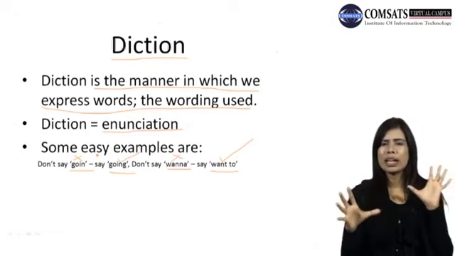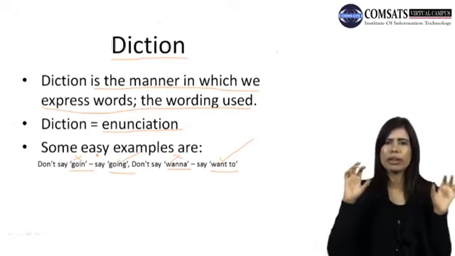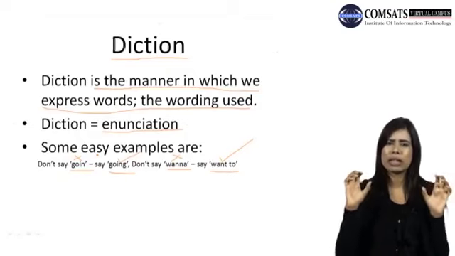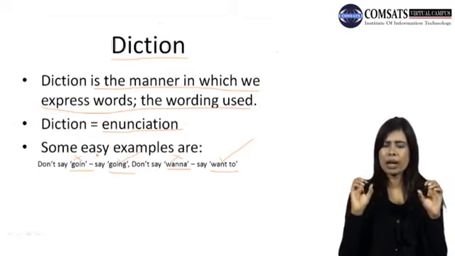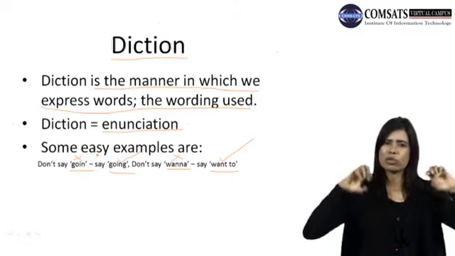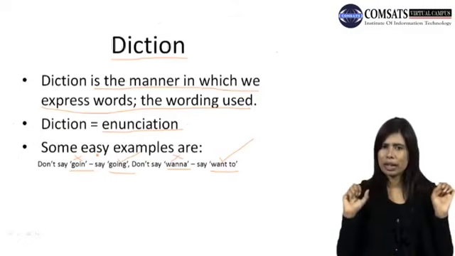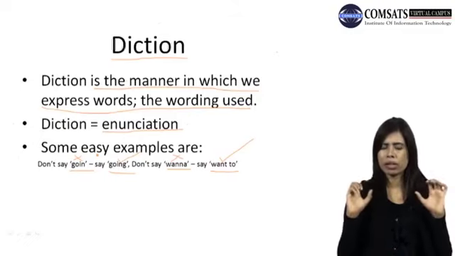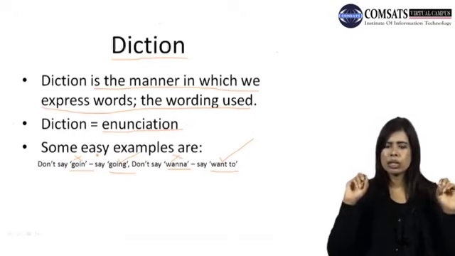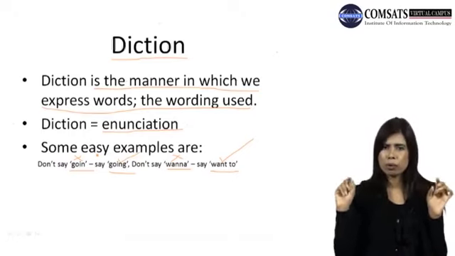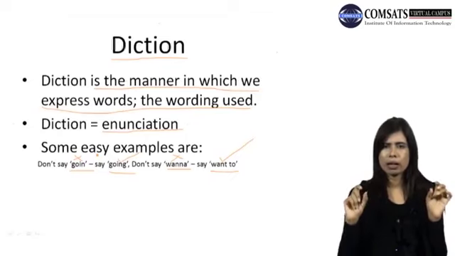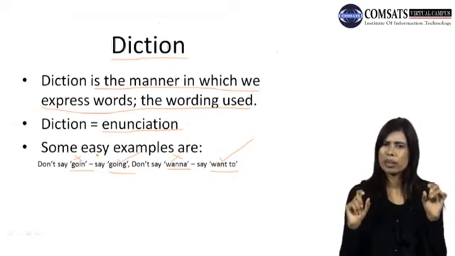So while writing any kind of work, you just have to avoid these kinds of casual expressions. Why? Because you have to use standard language while writing or producing anything. Okay, so do not say wanna, say the proper words, that is want to. And this is the American version of the word as well.